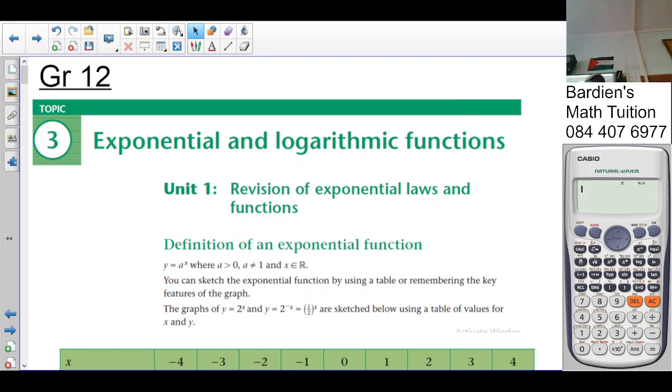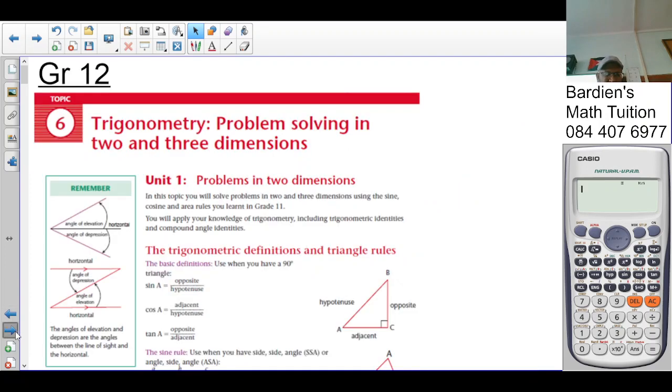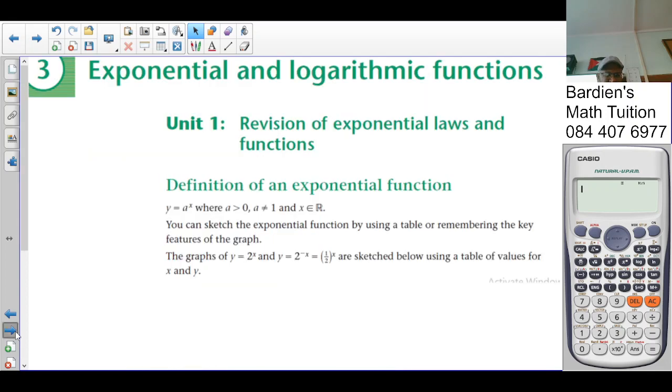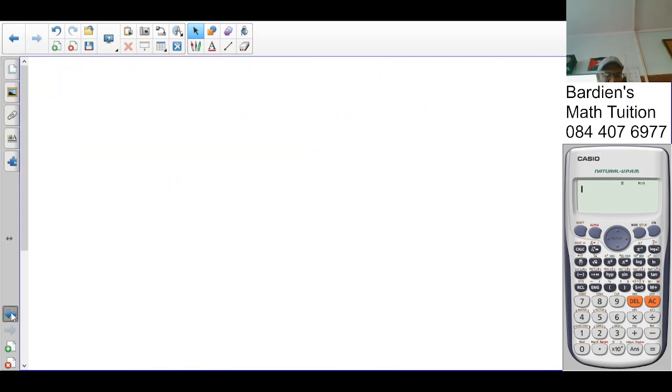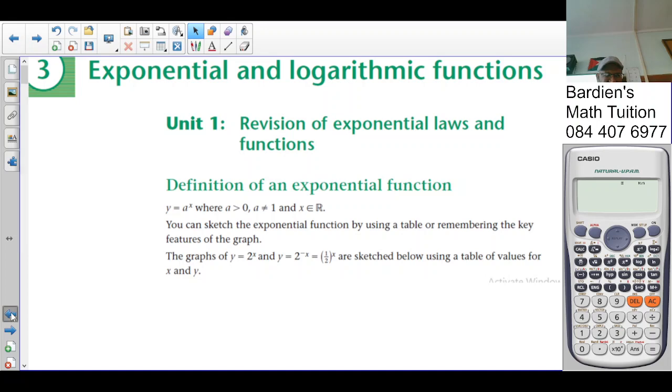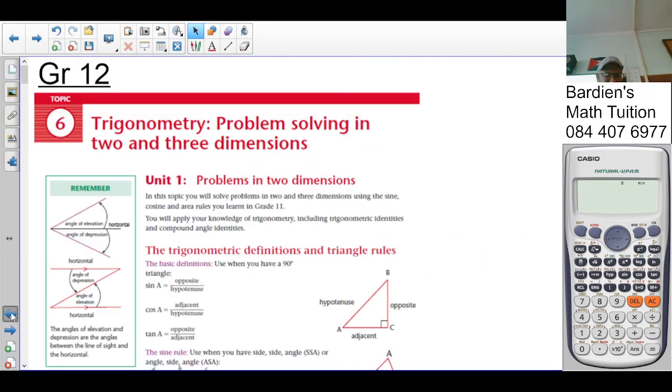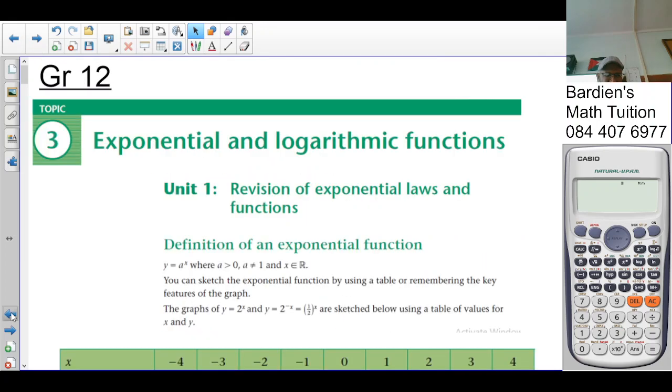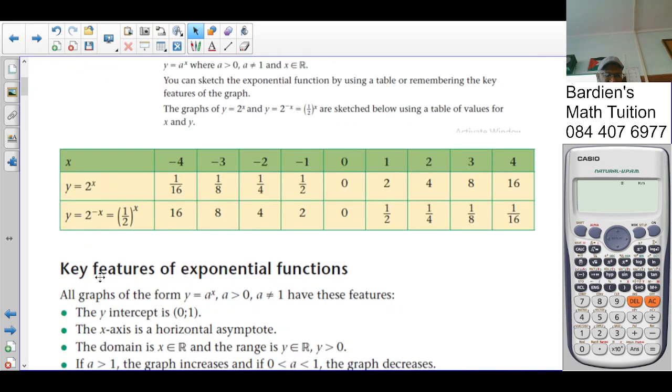Okay, good morning class. So at this point you got your test back. So we are just going to go through the memo of that class test before we do anything else.